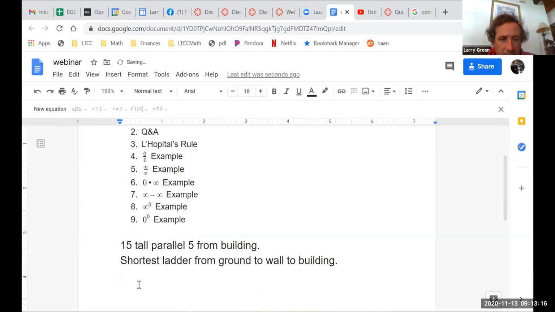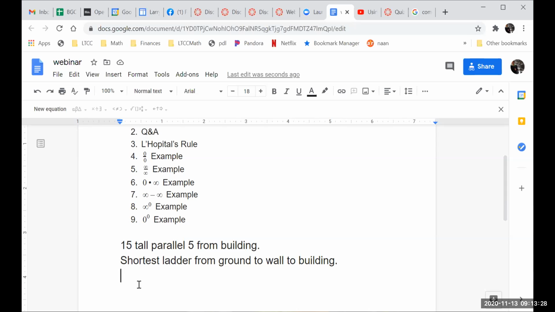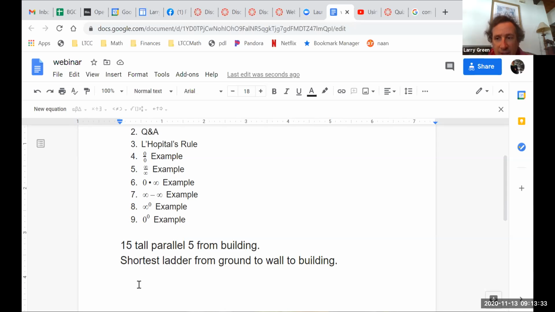Okay, so we have a 15-foot tall fence parallel to the building, 5 feet from the building. Do we want to go to the top of the building? Just touch the building.